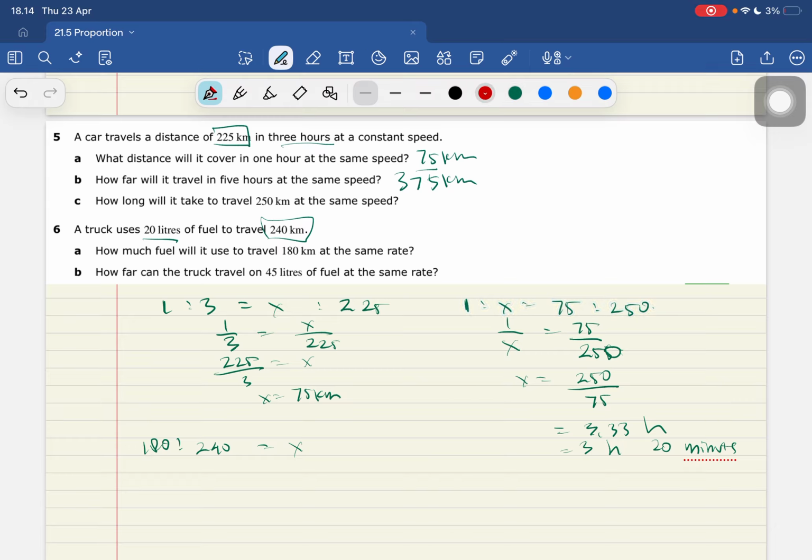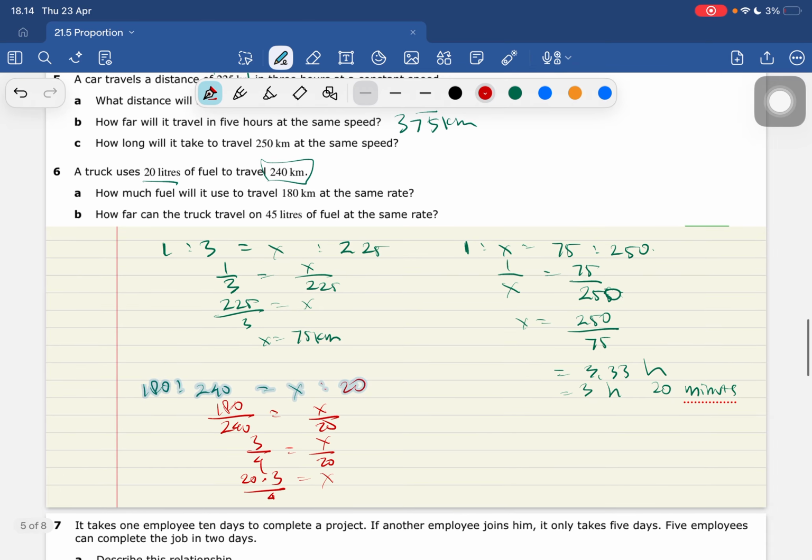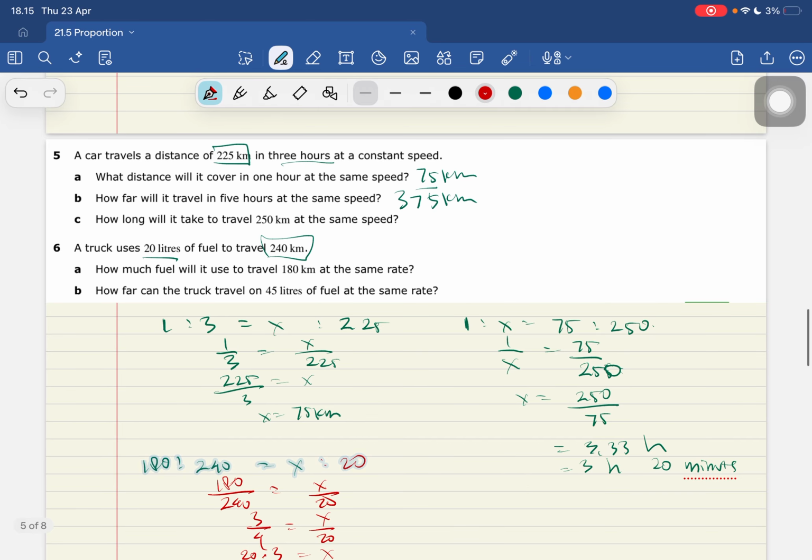Make it into a fraction: 180 divided by 240 equal to x over 20. We can simplify by dividing both by 60, it's going to be 3 over 4. So x equals 20 times 3 divided by 4, so it's going to be 15 liters.